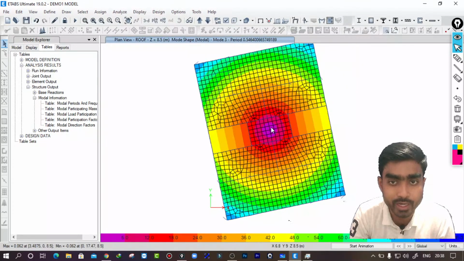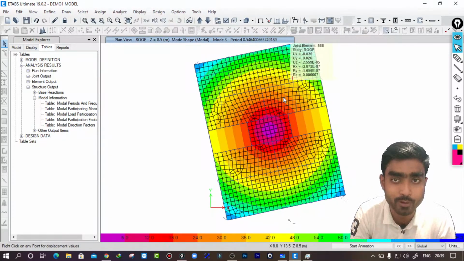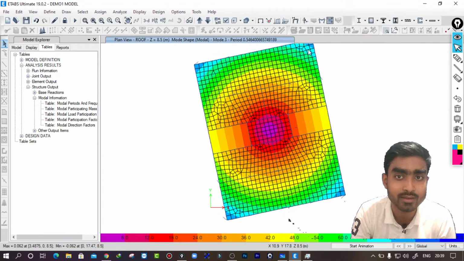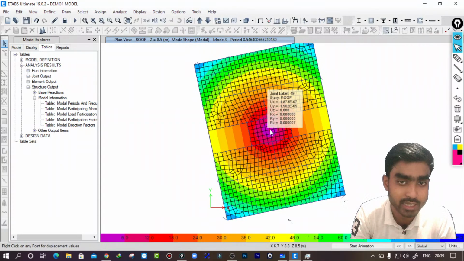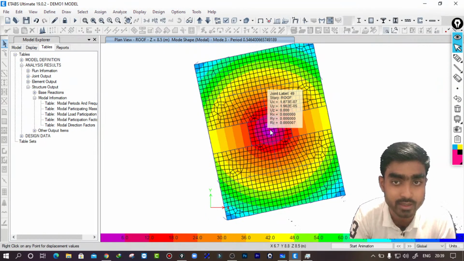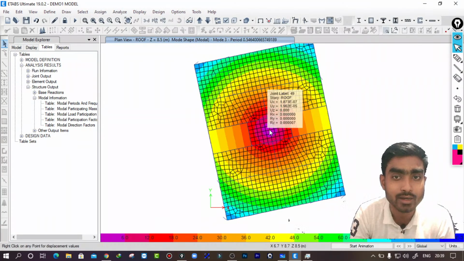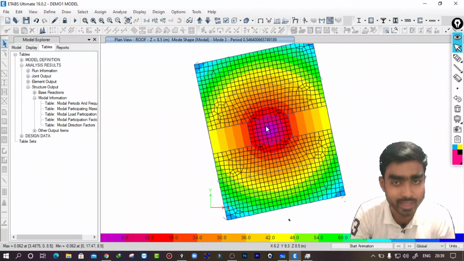When you go far away from the center, the displacement increases. When you come nearer to the center, the displacement is very minimal, tends to 0. There are displacements, but very little compared to the other parts.